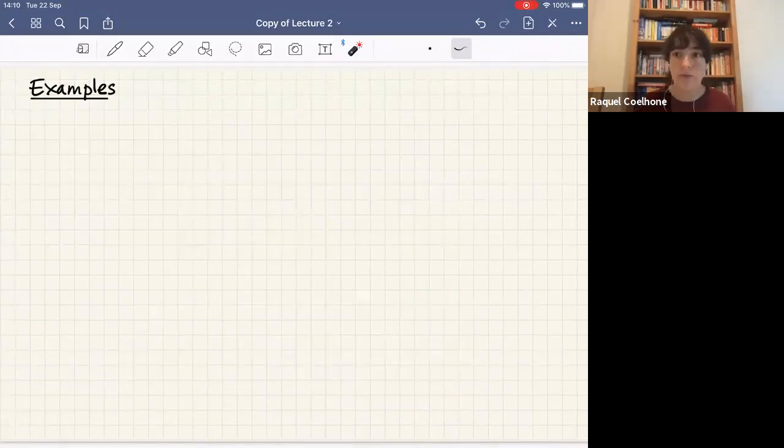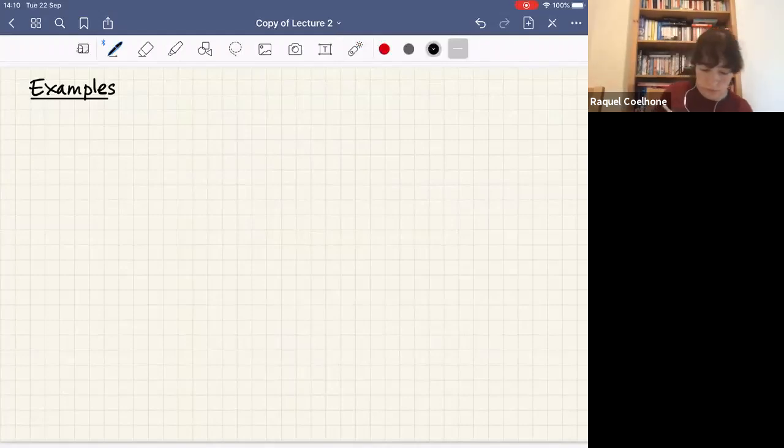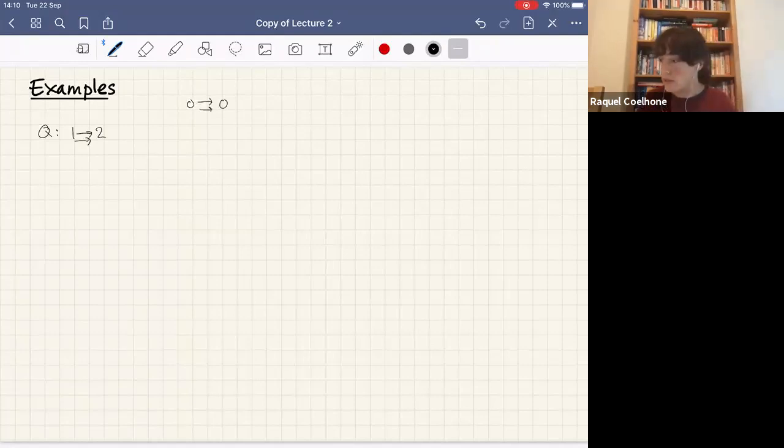Right, so let me give you examples with the representation theory of quivers. Let's say this quiver. Then the zero representation is just zeros on both vertices.